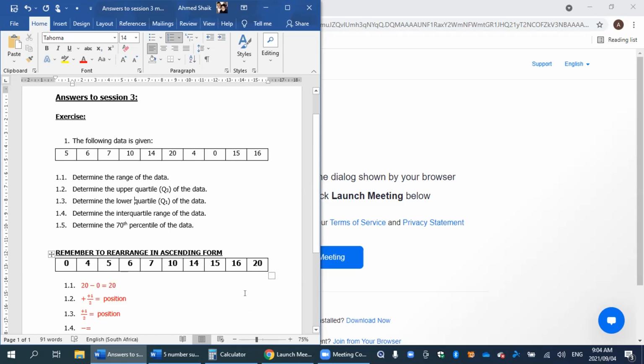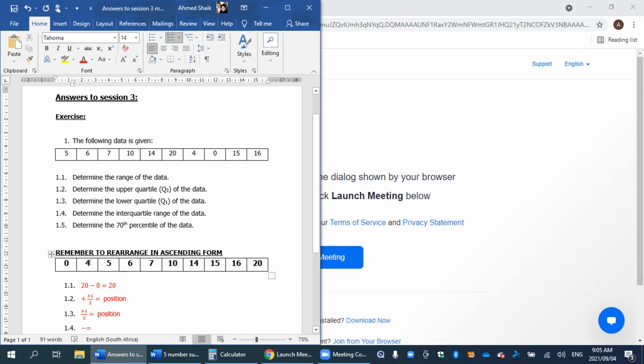Okay, let's look at 1.2. 1.2, determine the upper quartile, which is Q3 of the data. Now, remember, in last week's lesson, we were looking at a data set and separating it into 2 halves, meaning the lower half and the upper half. Q3 is the median of the upper half, and Q1 is the median of the lower half.